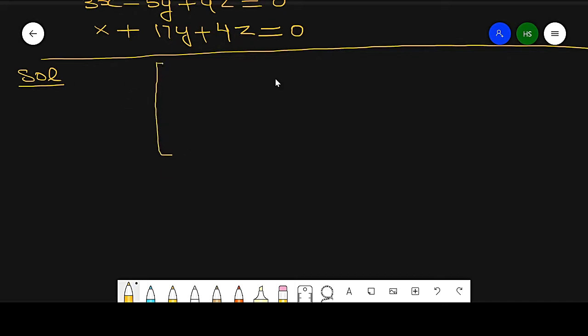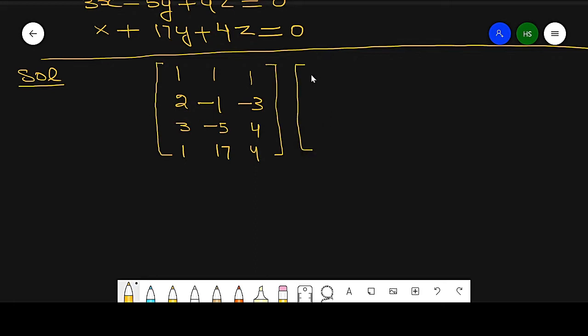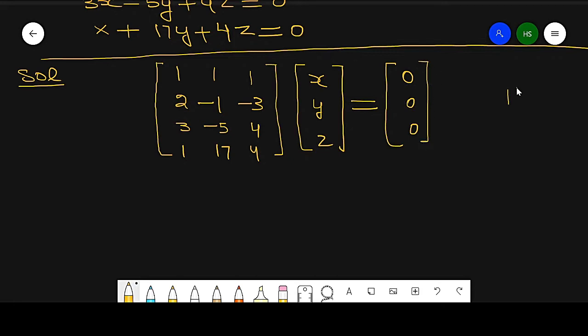This is a 4 row and 3 column matrix: 1 1 1, 2 minus 1 minus 3, 3 minus 5 and 4, 1 17 and 4, into x y z, equal to 0 0 and 0. So this is equation number 1.